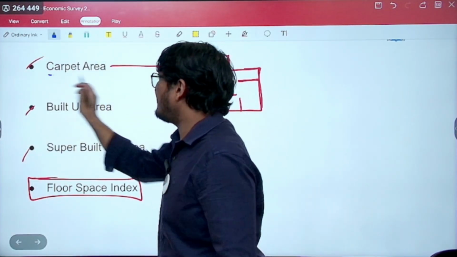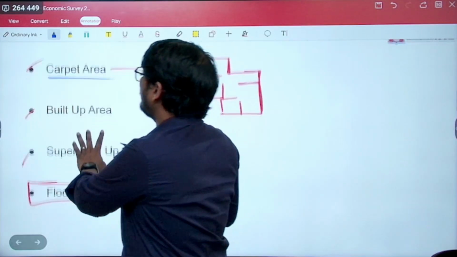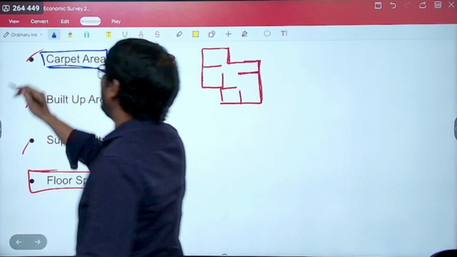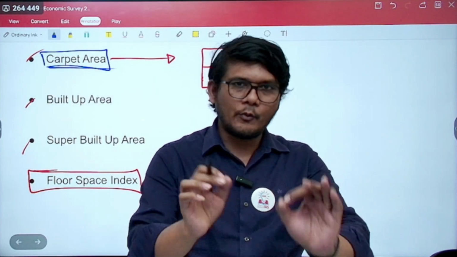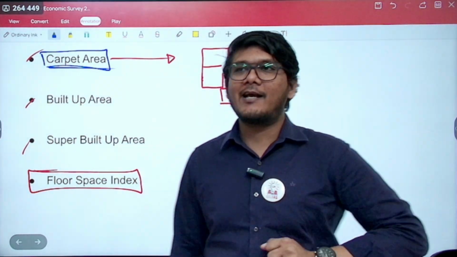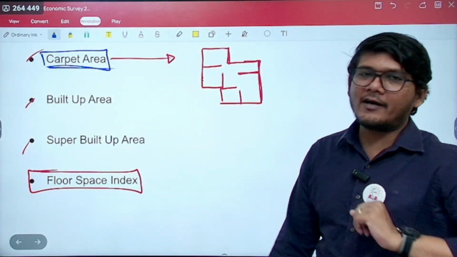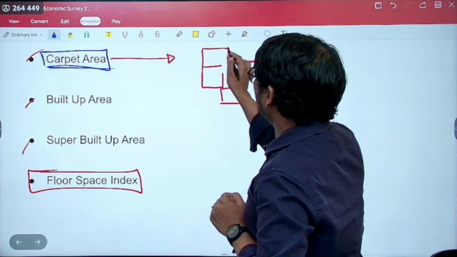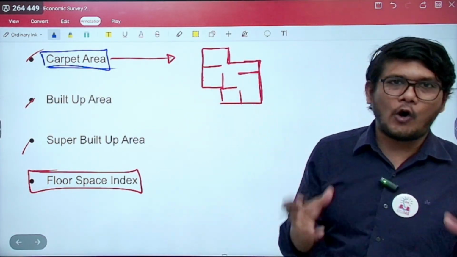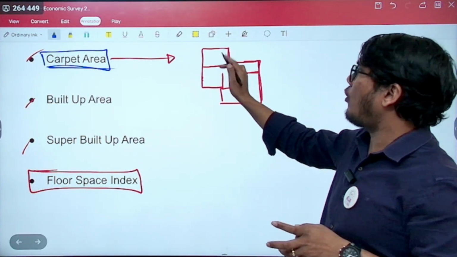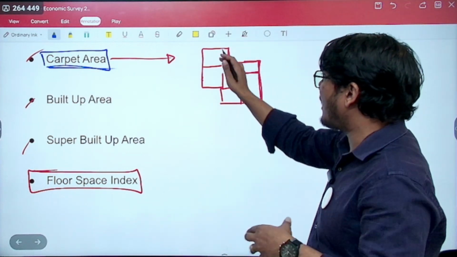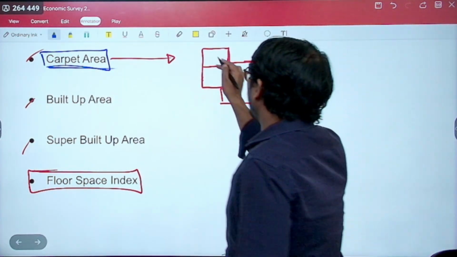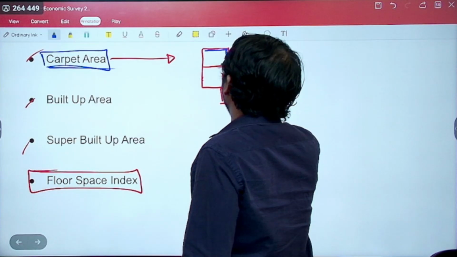Now, what is this carpet area? So this carpet area basically is that area on which you can put a carpet, as simple as that. So where can you put a carpet? Over here. This red line indicates the wall. Now the wall is also thick, it also covers the area. So can you put a carpet on the wall? No, you cannot. You can put a carpet within this.